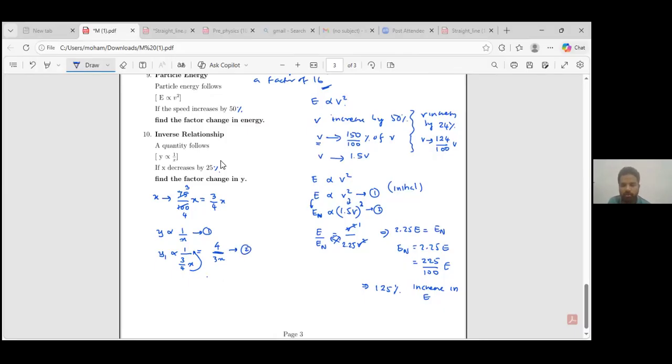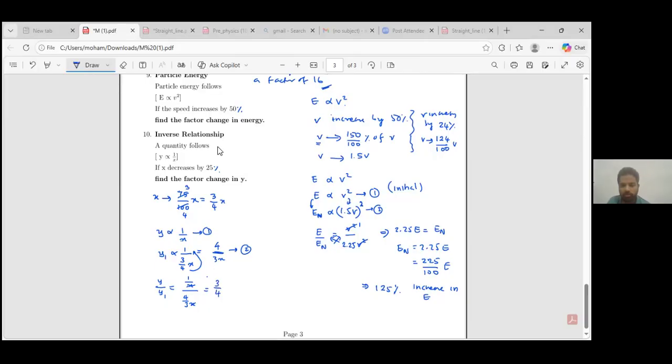That's the second relationship. So what I can do is divide one by the other. So I'll get y upon y1 equals 1 over x divided by 4 by 3x. So this x cancels with this x. This 3 can be taken up and you'll have 4 down.